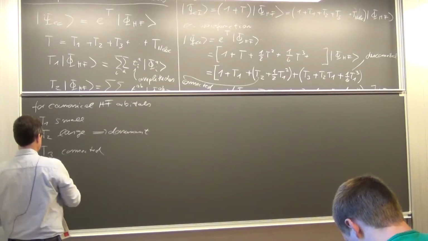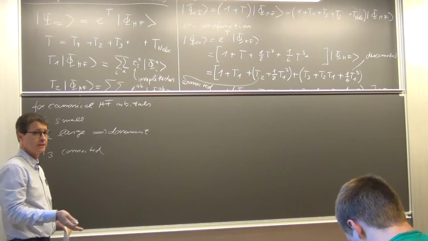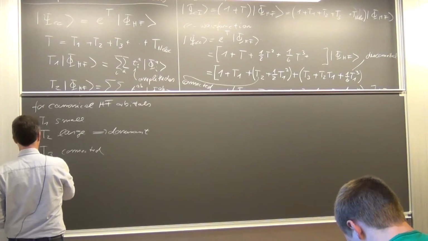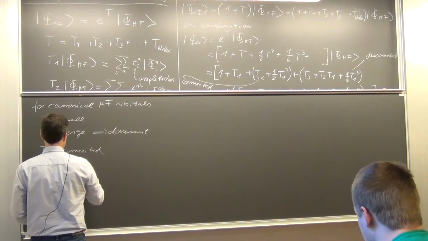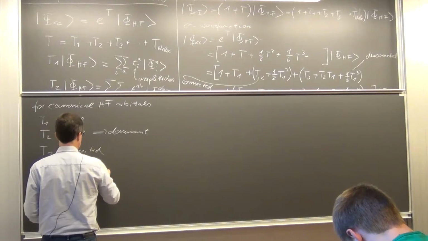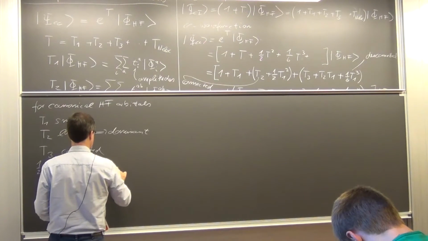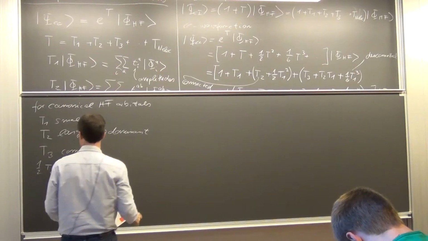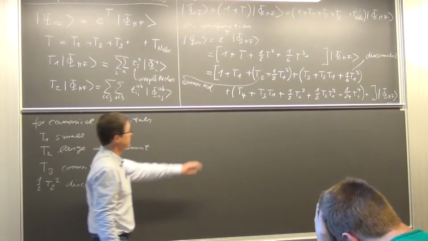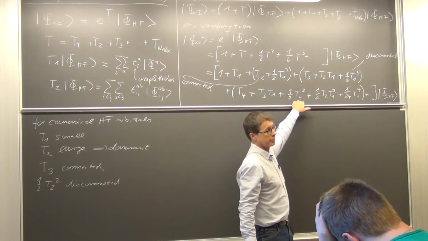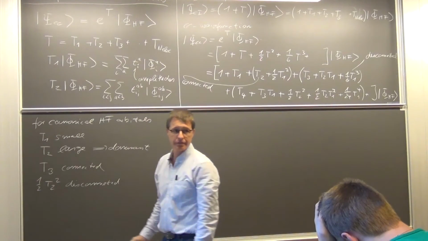And then comes quadruples, but it's the 1/2 T2 squared disconnected quadruples, which is the next largest contribution, meaning not this T4 term here, but 1/2 T2 squared.